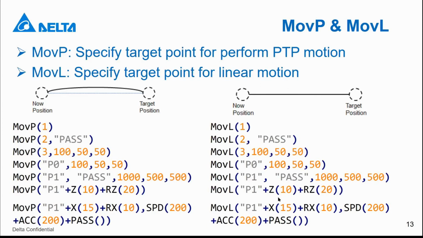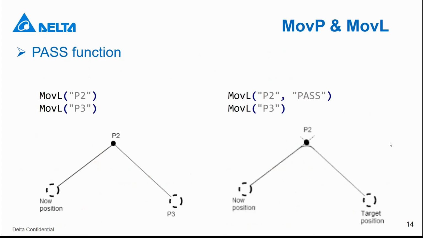On the right side, you can see move L is basically the same usage, just a linear motion. And this one introduces the pass function. The pass function is also a useful function to use.